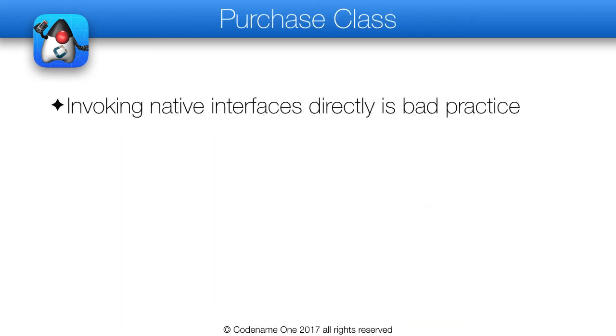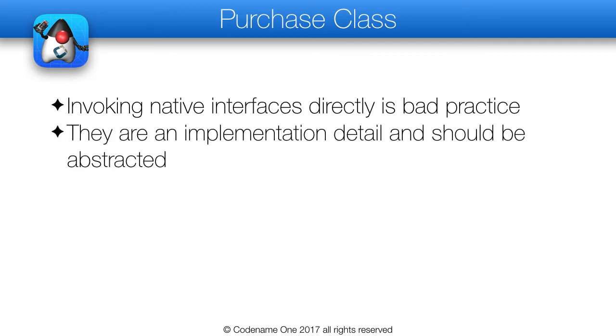Calling the native interface directly is often a bad practice. Native interfaces are often fragile and should be wrapped in an abstraction that hides potential platform issues. For instance, if the iOS and Android native interfaces have different features, we might be able to hide or abstract it in the Java side, which is normally much easier to do than implementing native code.